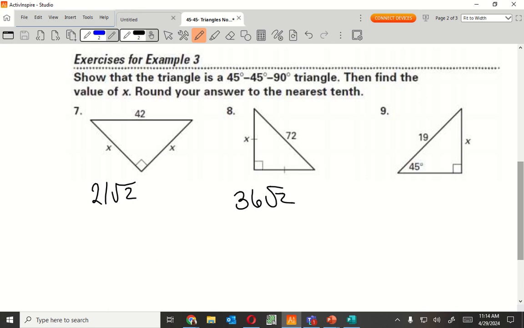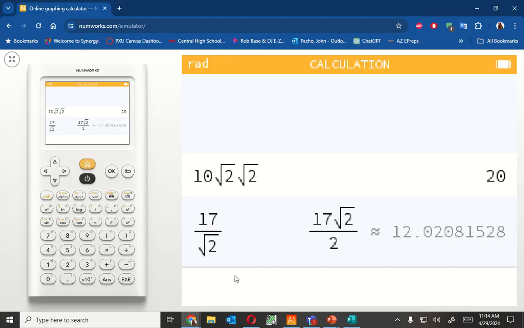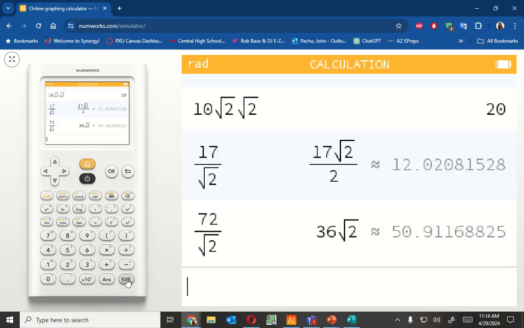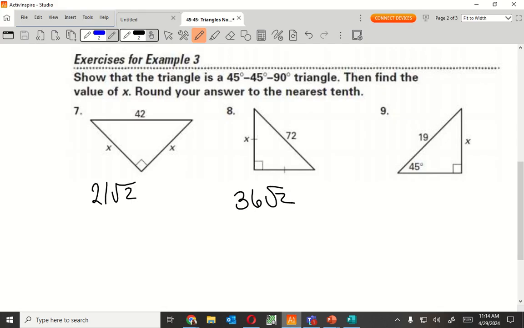No, I got the answer. So if you're doing it, that would be 72 divided by 2 square root of 2, right? I get 6. If you plug it in the calculator, it will give you the answer. I got an exact. Exact. Okay. All right.